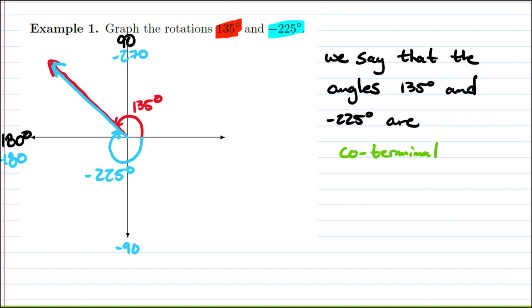So when we're talking about rotations, we see that we can have two different angles that have the same graph or the same terminal side. And in fact, if we think about this, if you rotate 360 degrees, you went around once. If you rotate 720 degrees, that would be you going around twice, and so forth. So we're going to have many representations for any angle in this system.